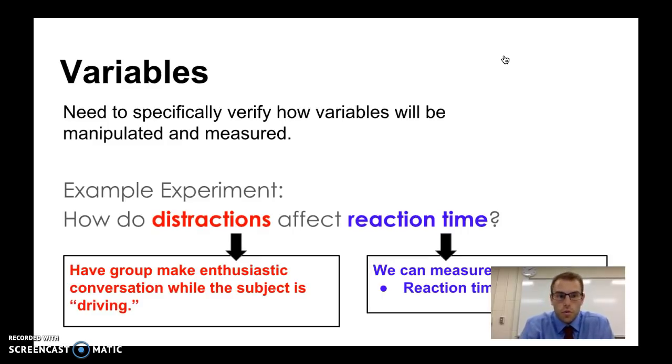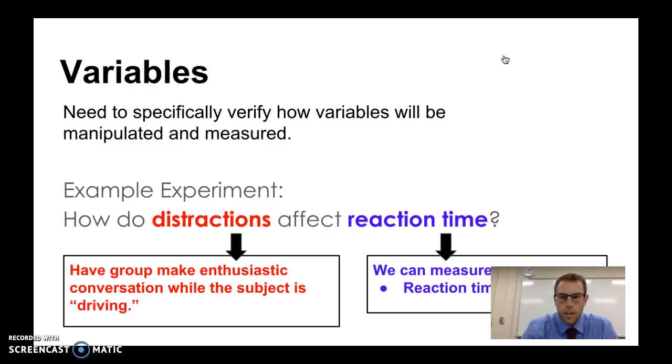So what we could do in a specific experiment, and I actually used to do this with my students in class, is I would have a group of peers make an enthusiastic conversation while the subject was driving a car on their iPad. And so I chose to actually have that student experience that group.